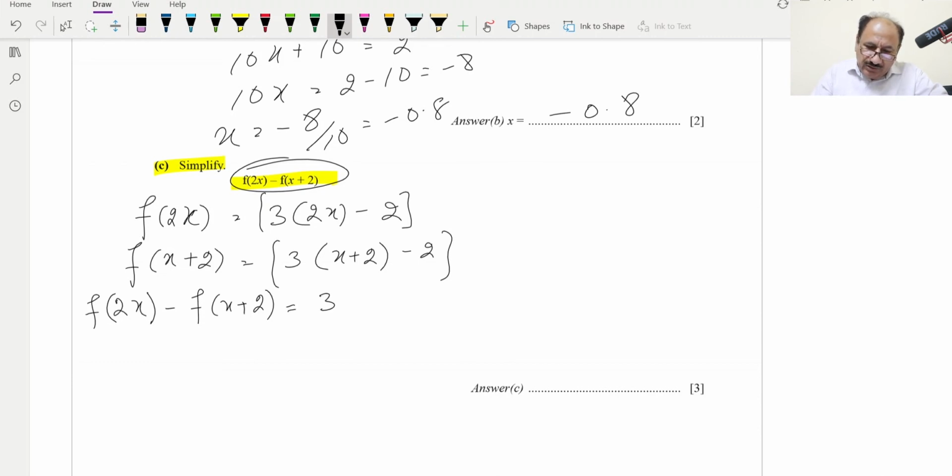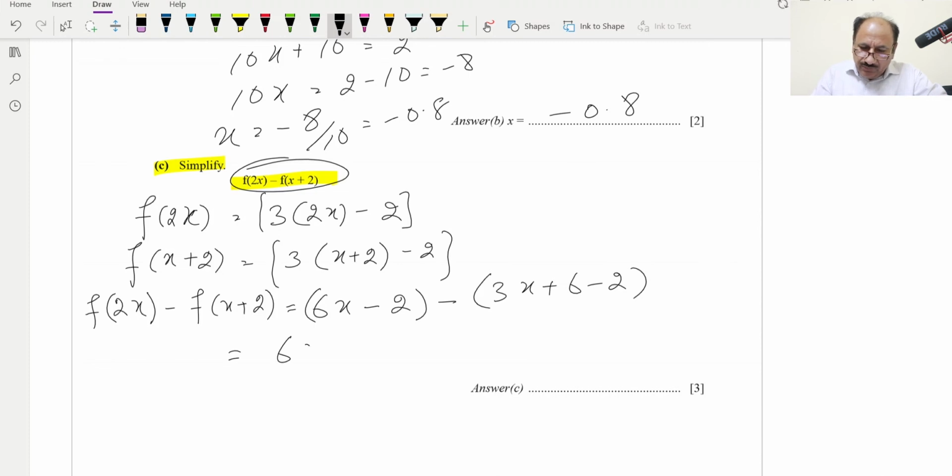Now f of 2x minus f of x plus 2 will be equal to, we can basically open the brackets. So it will be 6x minus 2 in brackets, minus 3x plus 6 minus 2 in brackets.